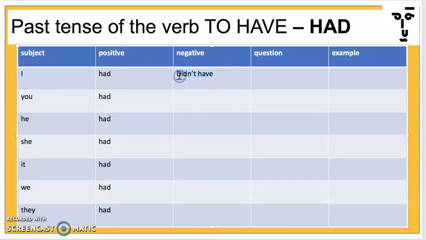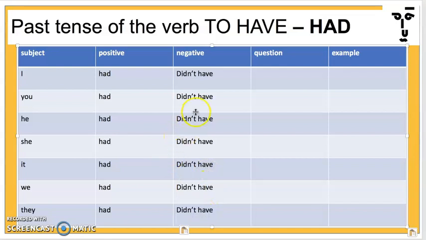And it's the same again for all of them. I didn't have, you didn't have, he didn't have, she didn't have, it didn't have, we didn't have, they didn't have. So here we have had in the positive of the past, and in the negative, didn't have. We're having to use the verb do in its past form to make a negative.